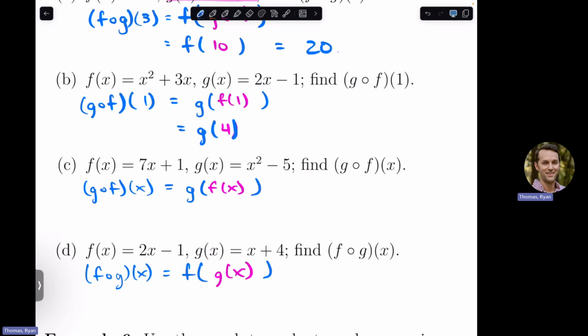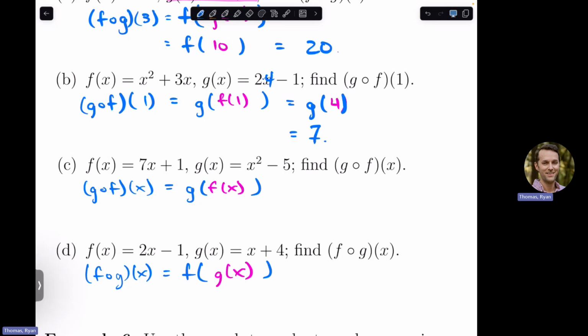Okay, so we hang on to 4, and then we go do another function evaluation. We plug 4 into g. When you plug 4 into g, what do you get? 7. So it's 7.